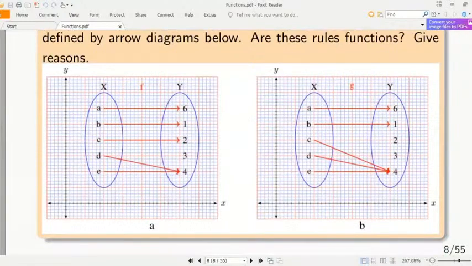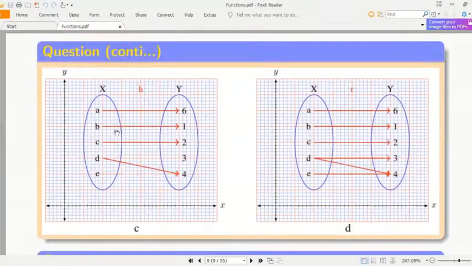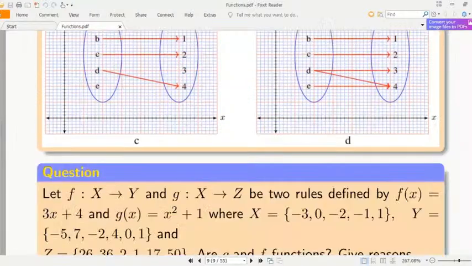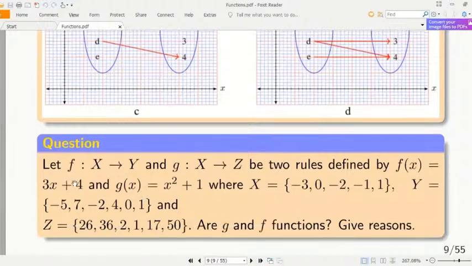Once you are done with that, you can come to this other one. You have h here and r, and you tell whether r is a function by just looking at how it has been assigning elements of x to those of y. There's this other question here. Let f assign elements of x to y and g assign elements of y.